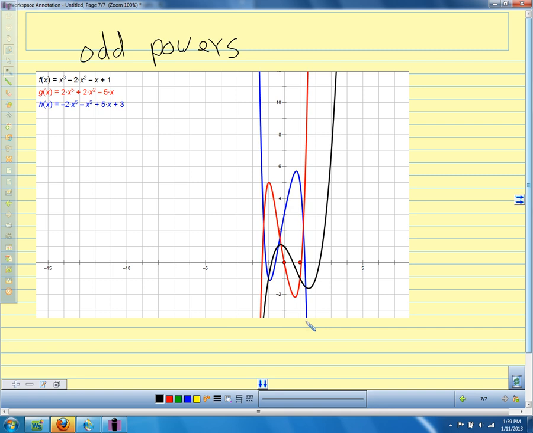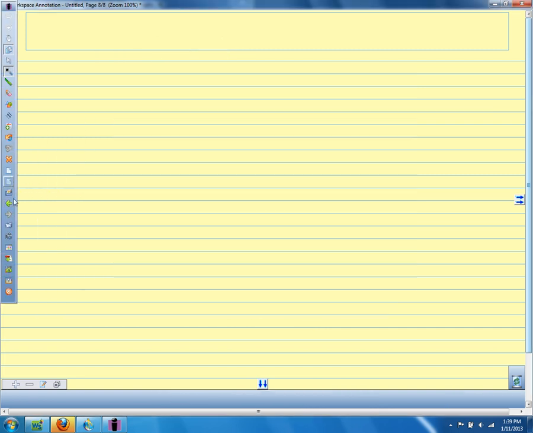That's one of the nice things about polynomials, they always do the same thing eventually on the left and the right. So we're going to make a table that describes what their end behavior is, what they eventually do. And we call this the leading coefficient test.